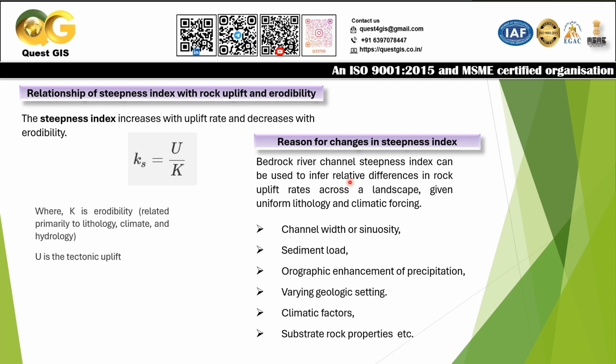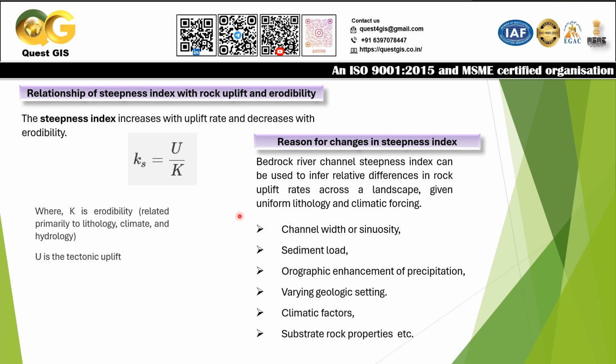For example, the river adjustments in channel width or sinuosity, sediment load, orographic enhancement of precipitation, varying geological setting, climatic factors, and substrate rock properties, they all affect the bedrock river channel steepness, and that is reflected in the calculation of steepness index. Okay, so basically bedrock river channel steepness index can be used to infer relative differences in rock uplift rate across a landscape given uniform lithology and climatic forcing.